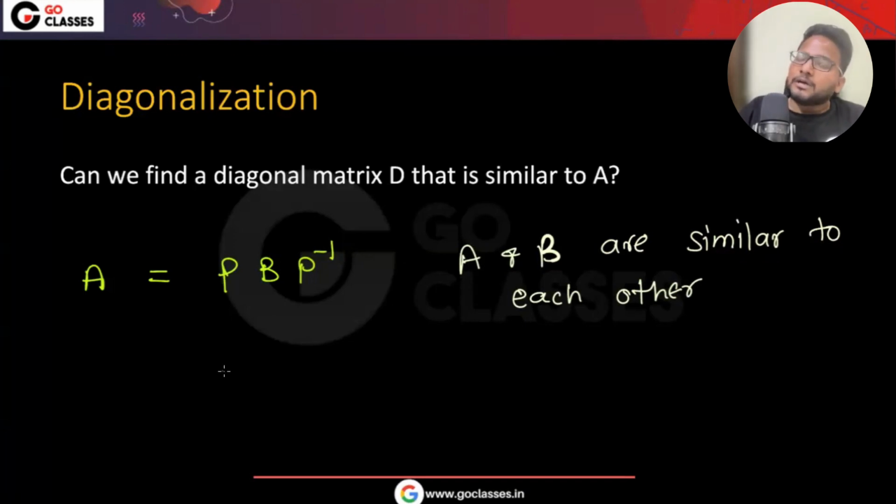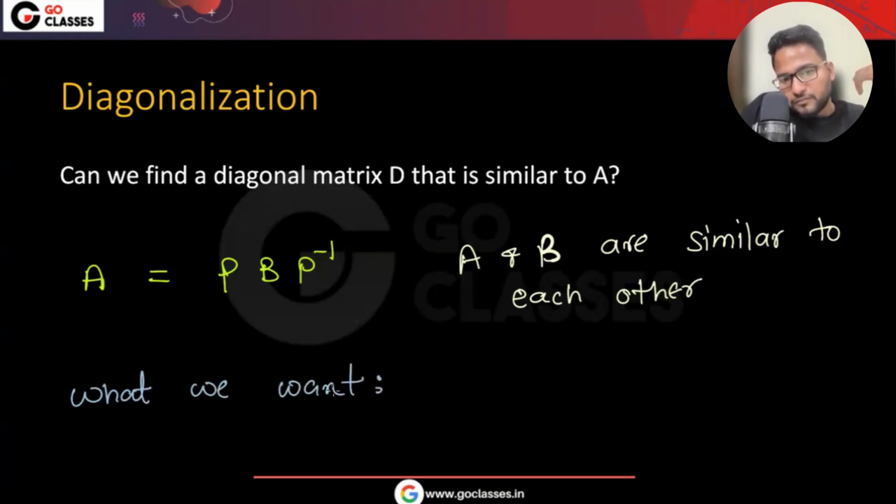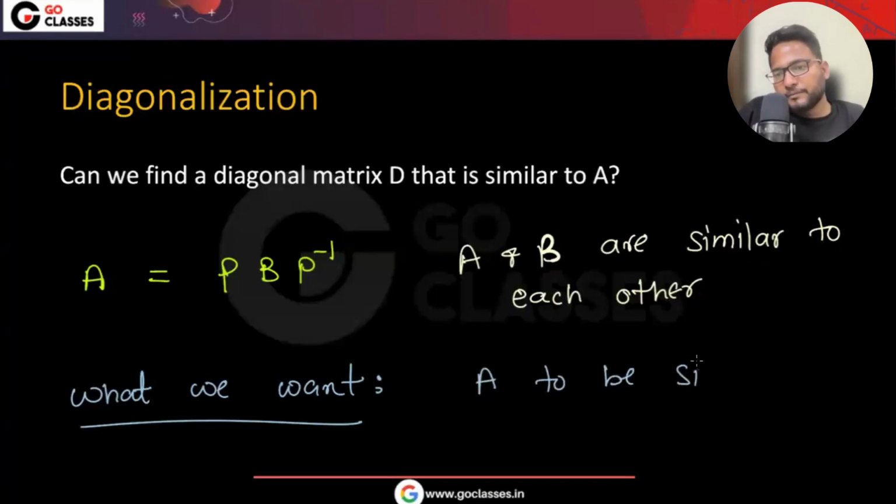They are saying that not just a random matrix, I want the similarity with a diagonal matrix. So what we want is for A to be similar to some diagonal matrix. This is their requirement.